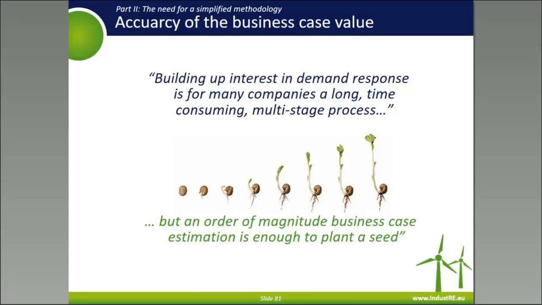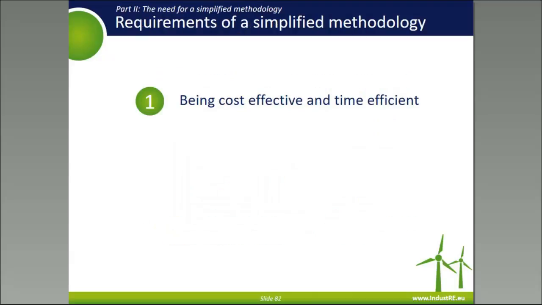And then the seed can grow, and step by step you can get further. So especially in companies that are still in that premature phase, it is important to have a cheap, efficient methodology which gives you an order of magnitude estimation.